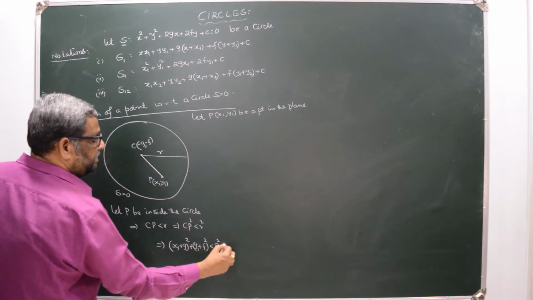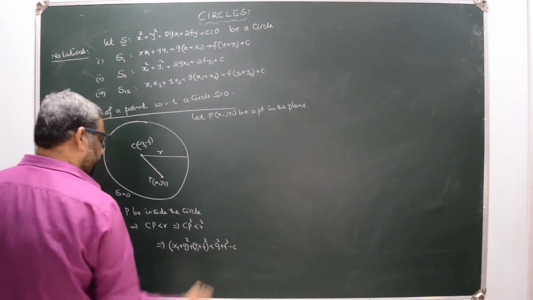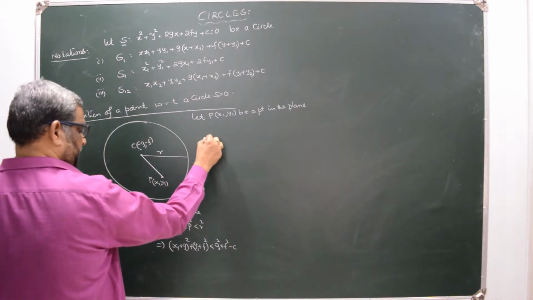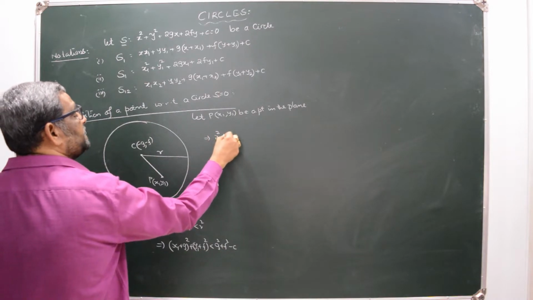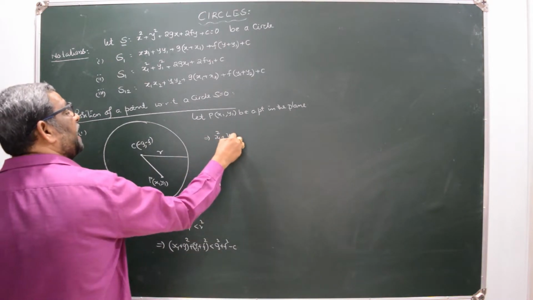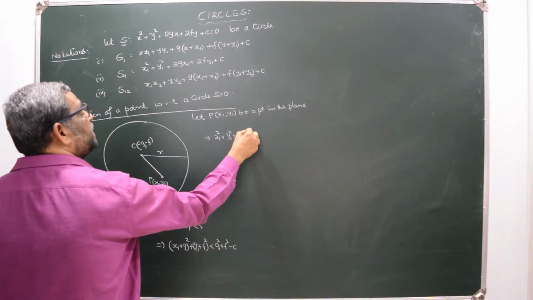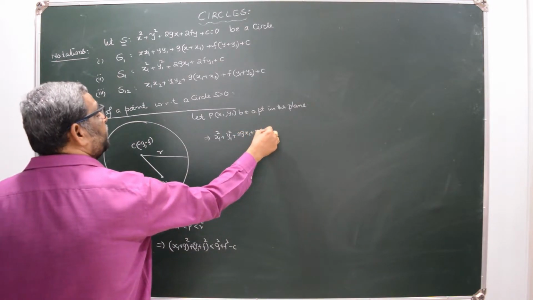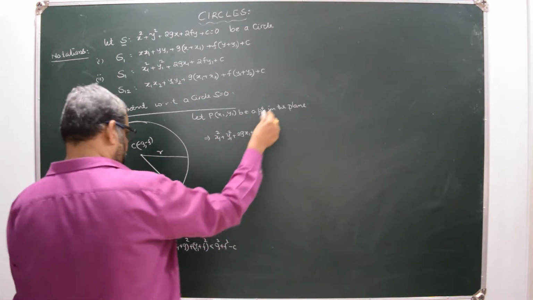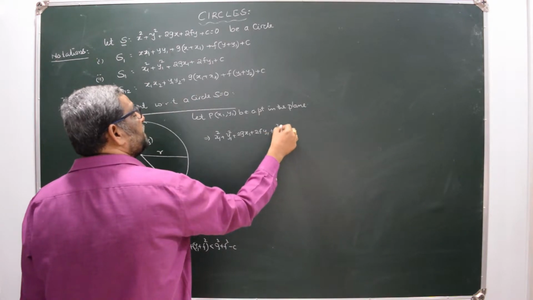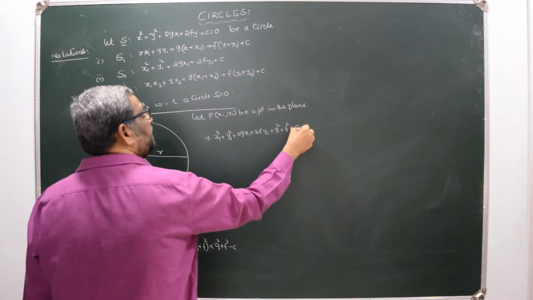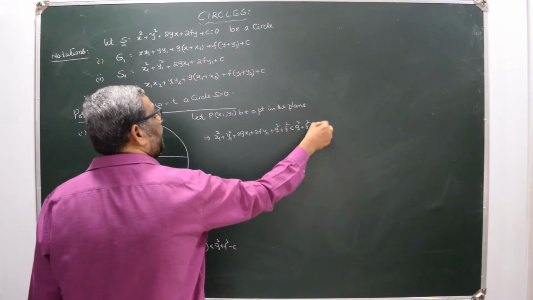r square is g square plus f square minus c. I will simplify it. x1 square plus y1 square plus 2g x1 plus 2f y1 plus g square plus f square is less than g square plus f square minus c.